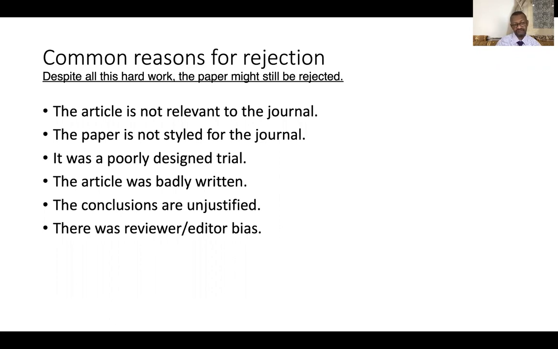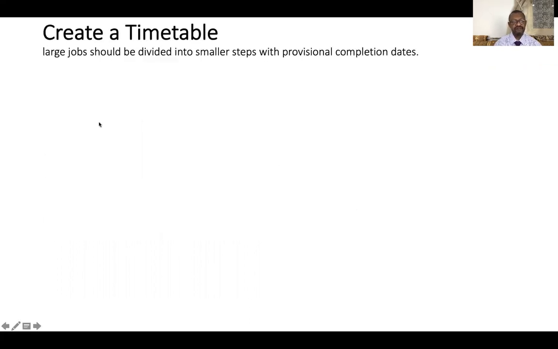Another cause is that the paper is not styled for the journal, there were poorly designed trials, and the article was badly written. The conclusions are unjustified, and reviewer and editor bias can also be counted. So you should create timetables for your papers.